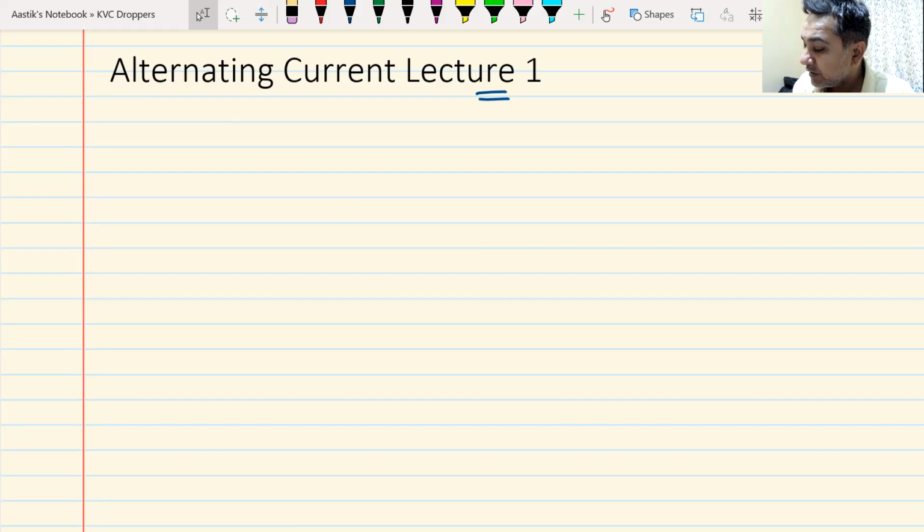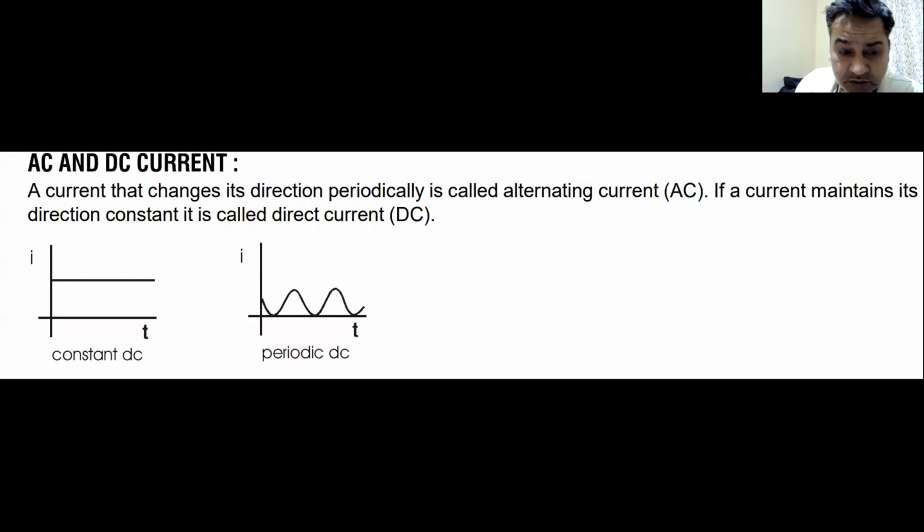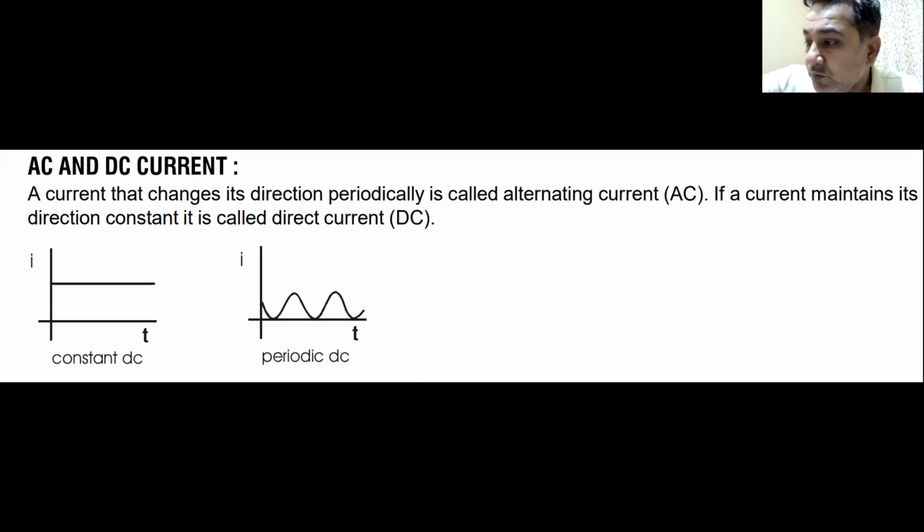So just to make more sense out of this, I hope you can see this on your screen, right? Constant DC, periodic DC, direct current.